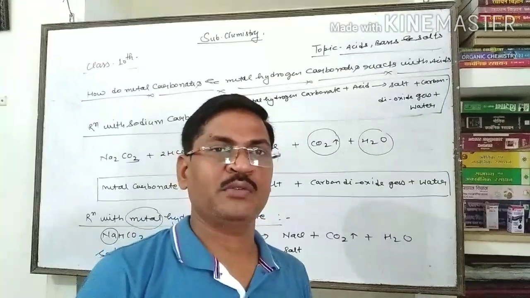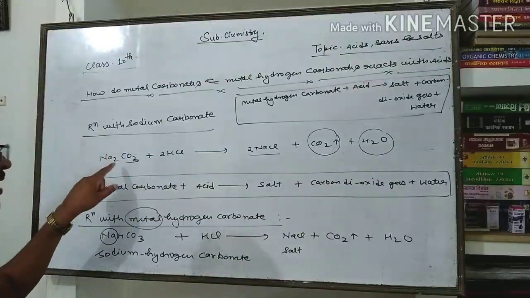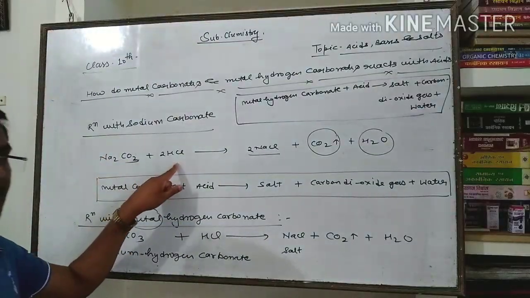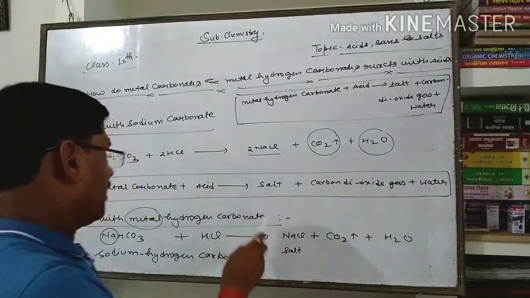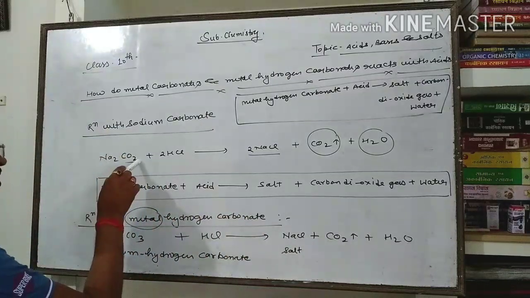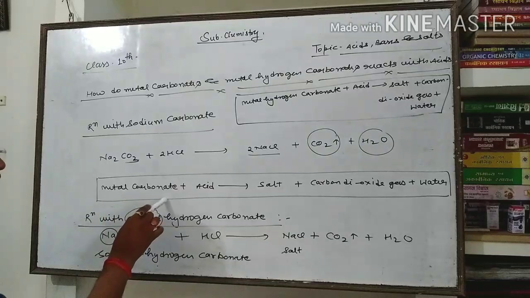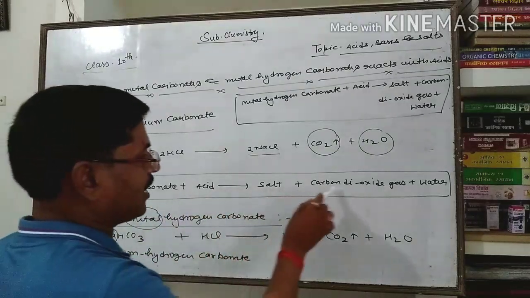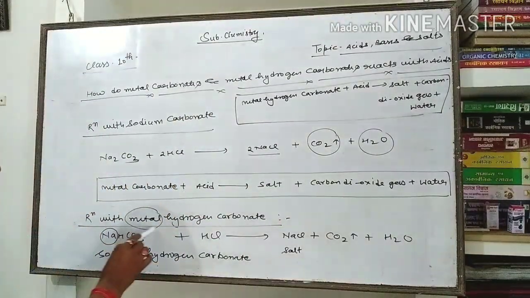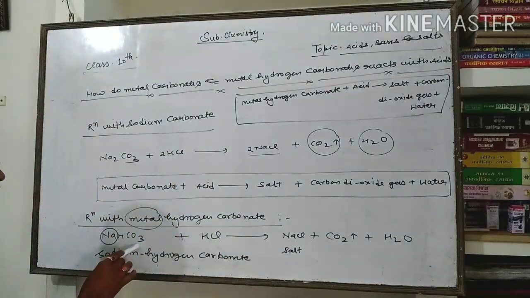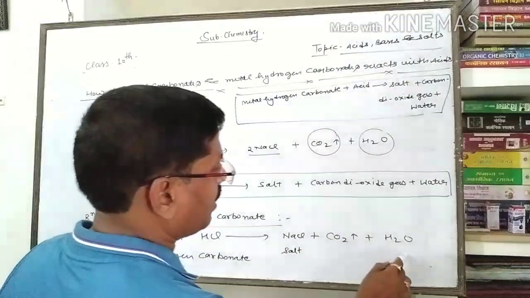Once again, now I am going to revise. Metal carbonate like sodium carbonate reacts with hydrochloric acid and gives sodium chloride, carbon dioxide and water. The salt formed is the respective salt of the metal carbonate you have taken. In words, you have to remember: metal carbonate reacts with acid, gives salt, carbon dioxide gas and water. In the same sequence, if you take metal hydrogen carbonate like sodium bicarbonate, then by reaction with acid it gives salt, carbon dioxide and water.